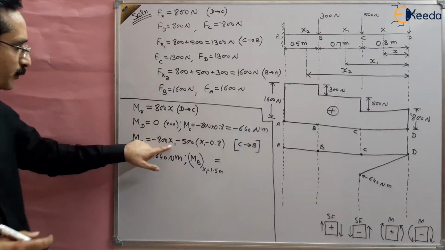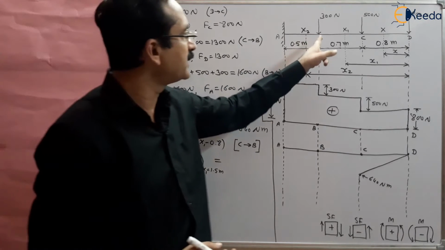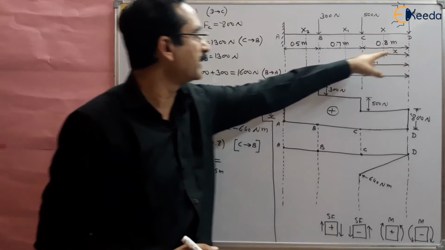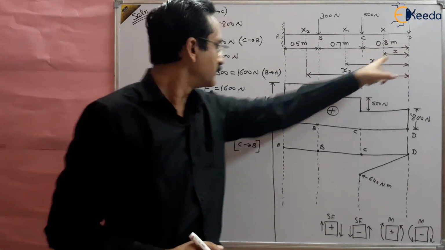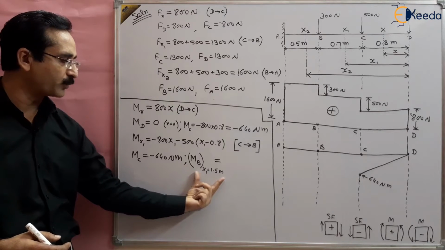Why are we using 1.5? Because B is at a distance of 1.5 from D, right? Because x1 is taken from D, that's why we are taking 1.5 here. So MB is at x1 equal to 1.5.